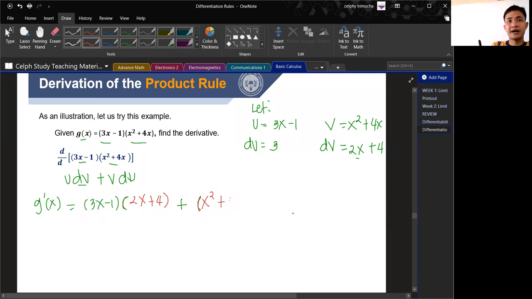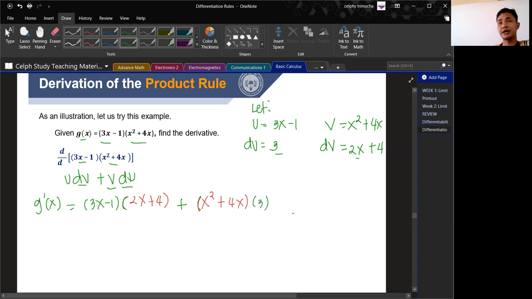Then multiply ta siya. So, kinahanglan tayo substitute ang du, so du natin is 3. Butang ta lang ang 3, multiply natin ang 3.